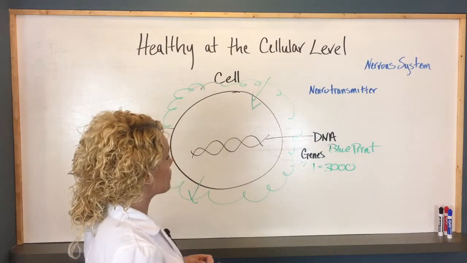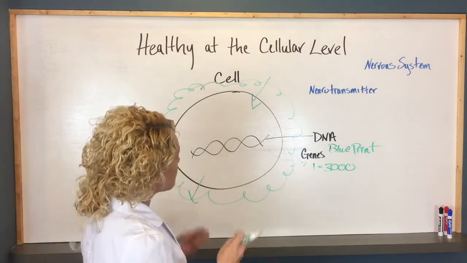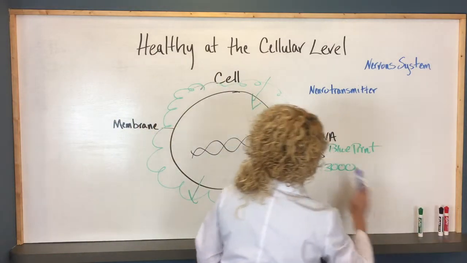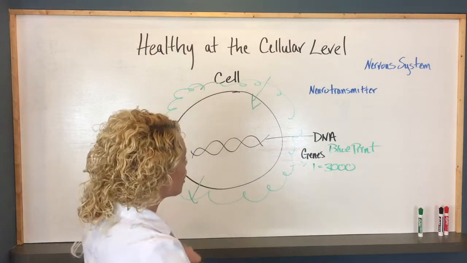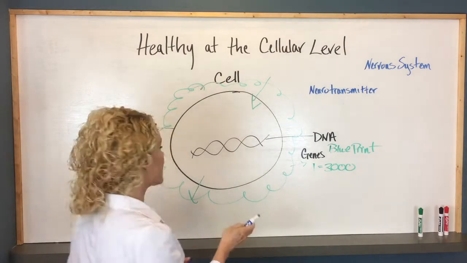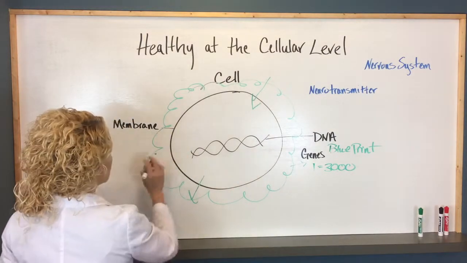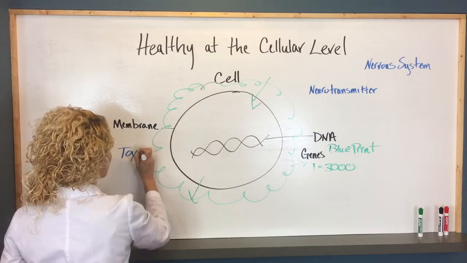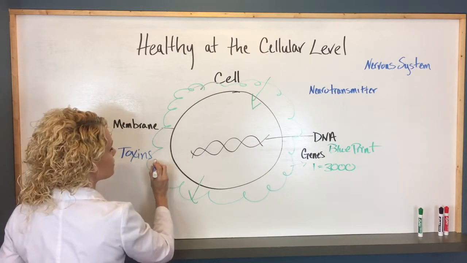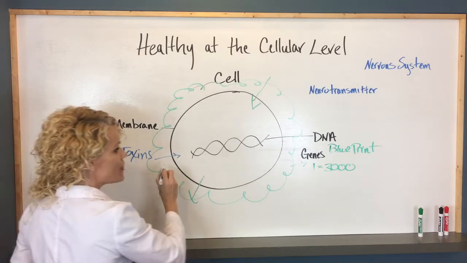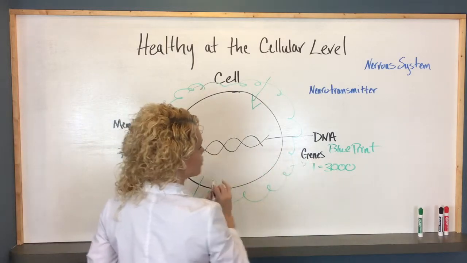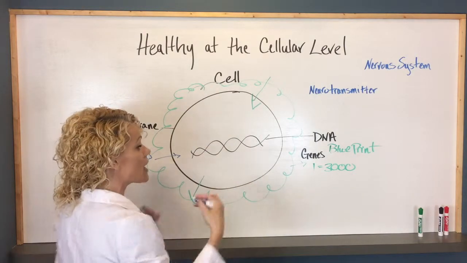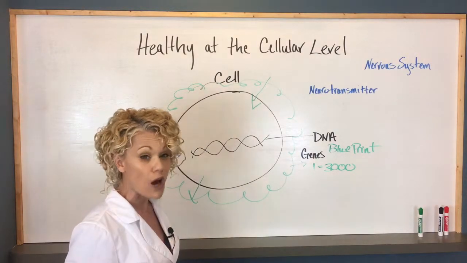Now furthermore, whenever we have the various environments, what is in the environment can also change how your cells act. So for instance, if in the environment you have various toxins, and these toxins are able to permeate in, they can impact the genes, turn on and off various genes, and therefore have various expressions that you do not want.